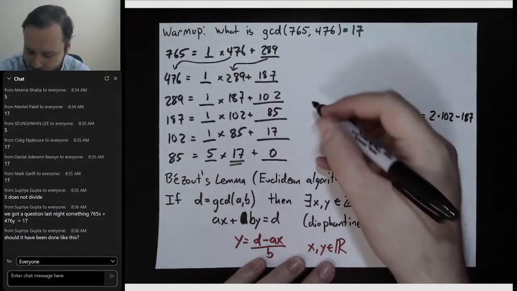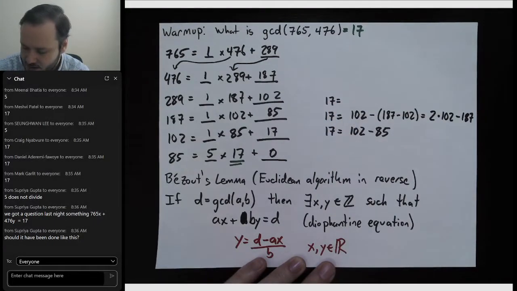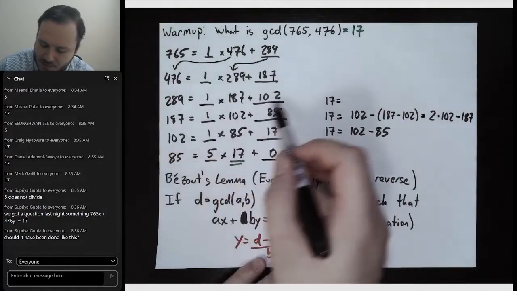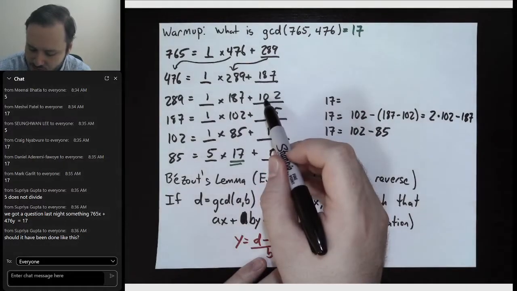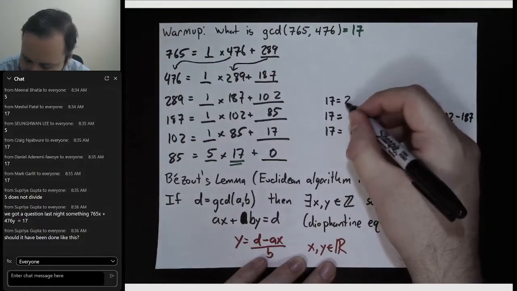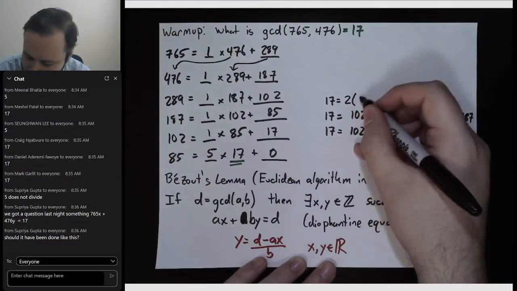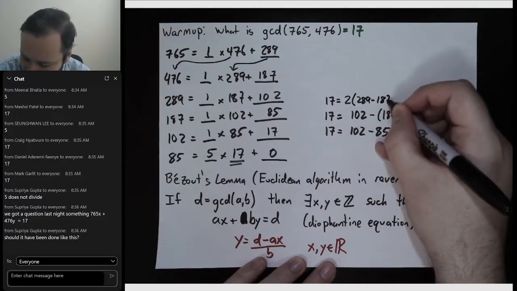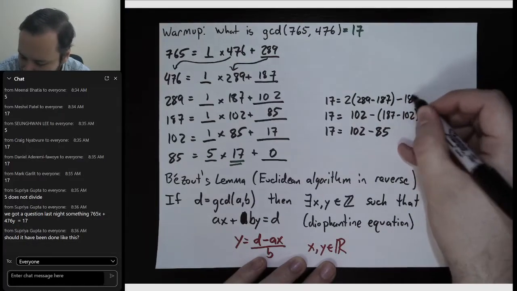Now I go another step up. Keep writing 17. I'm going to keep my 187, but this line gives me a better way of writing 102. 102 is equal to 289 minus 187. So this is 2 times, because I keep my 2 times, 289 minus 187, and then I still have this minus 187 from before.